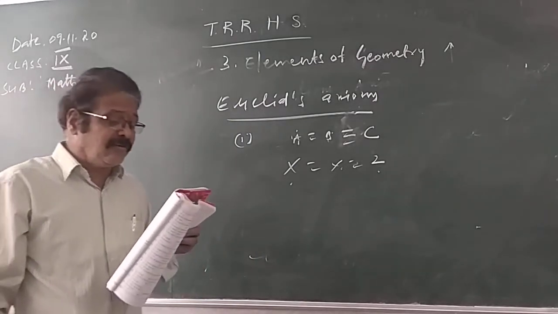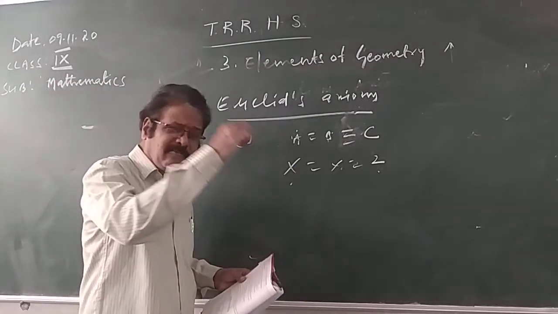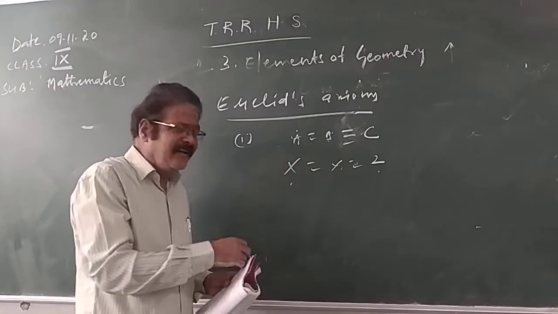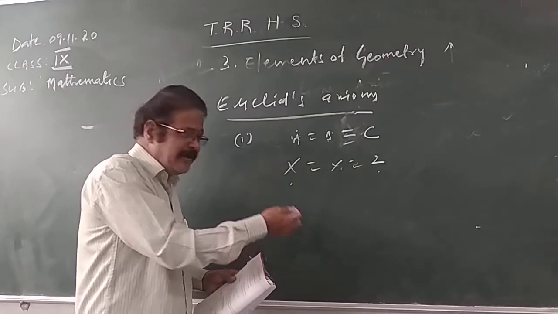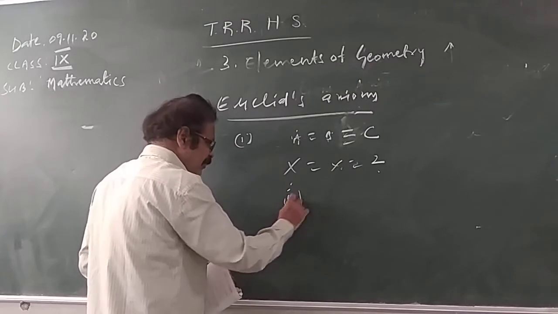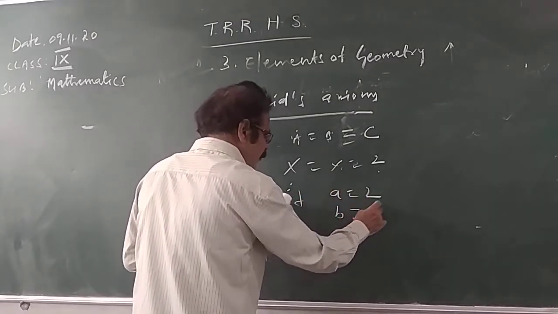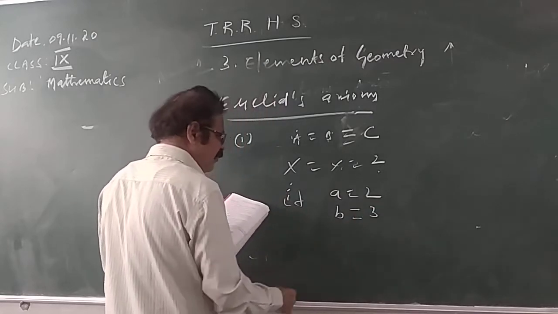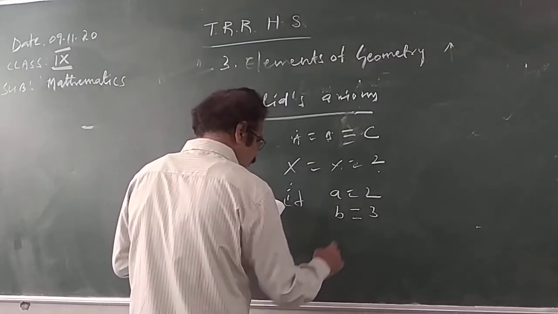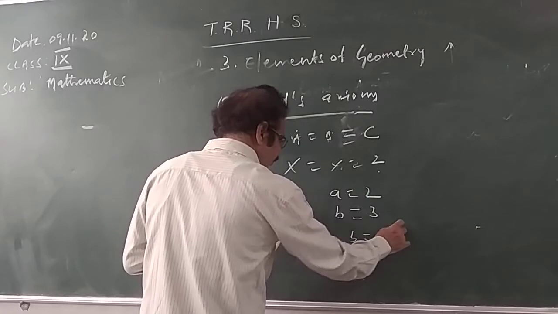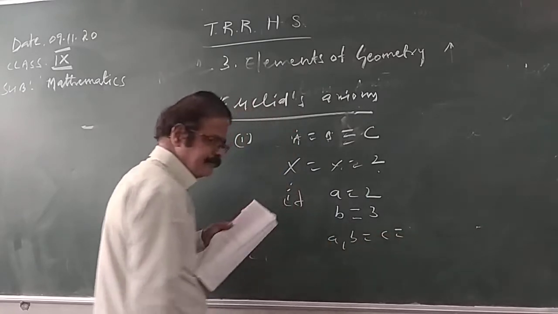Things which are equal to the same thing are equal. X and Y are equal to Z means they are equal to one another. X equal to Z, Y equal to Z means X equal to Y. If A equal to 2, B equal to 3, AB equal to C. Like this.